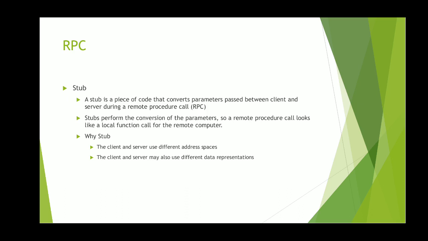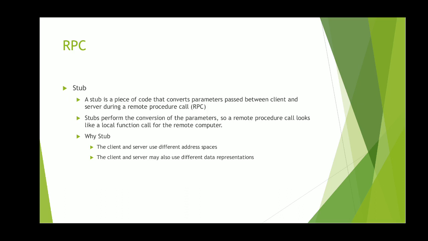If the parameter contains some pointer values and the client sends these pointer values directly to the server, then the server cannot understand the data at the pointer location, because the client and server are operating in different address spaces. So when the server tries to access the pointer location, it will get wrong data or it will get an error.